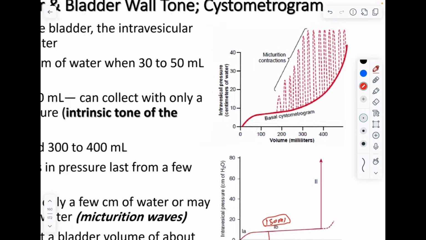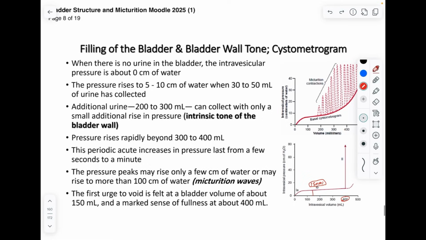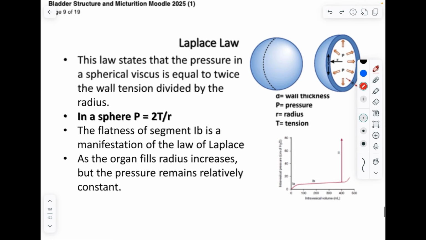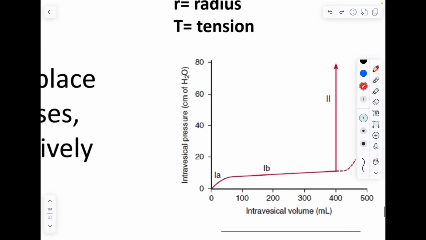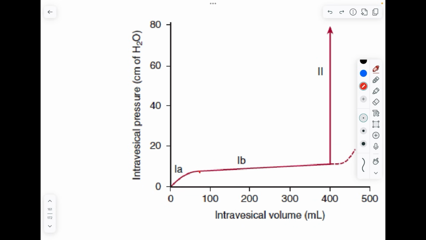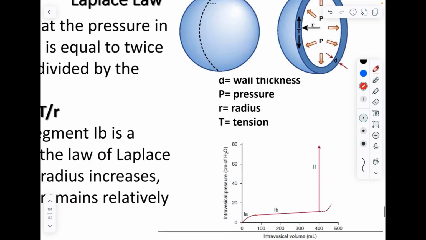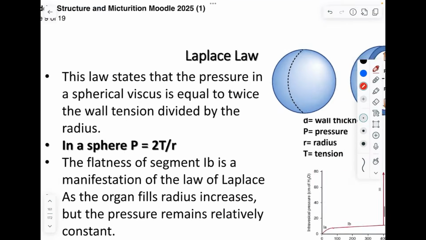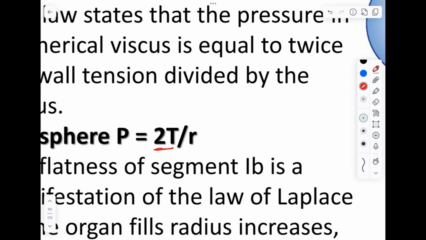And here we have some, not very important, I would say, to be honest, Laplace's law. Why do we not have an increase in pressure here? According to Laplace's law, the pressure is equal to the tension divided by the radius.